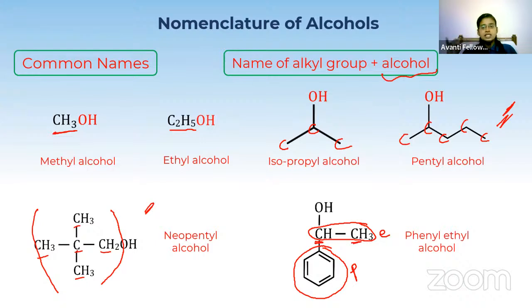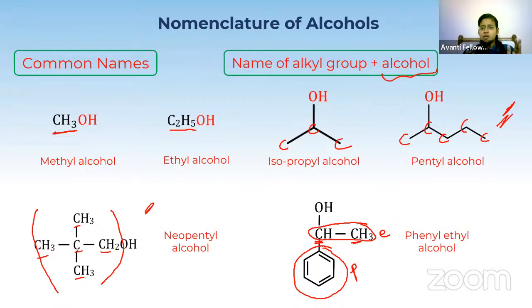One carbon means methyl, 2 carbon ethyl, 3 carbon propyl, 4 carbon butyl, 5 pentyl, 6 hexyl, 7 heptyl, 8 octyl, 9 nonyl and 10 will be decyl.